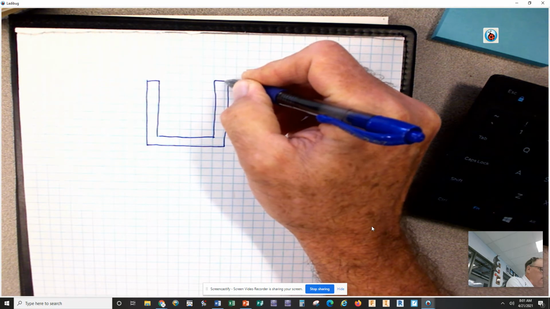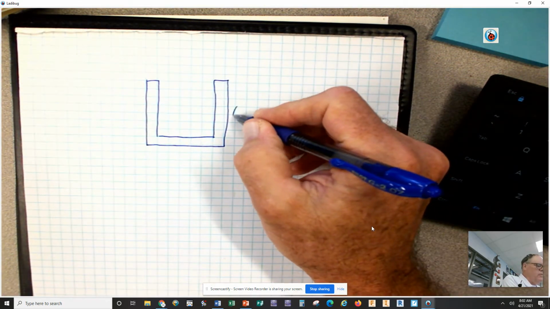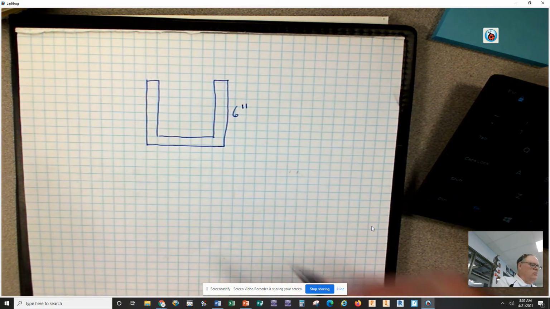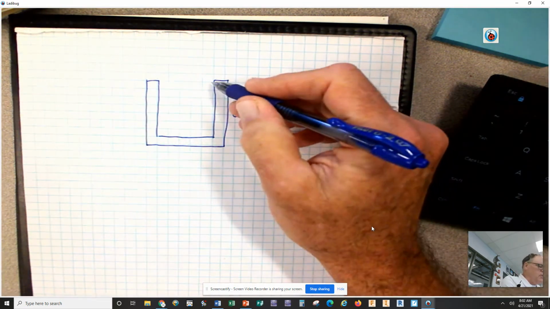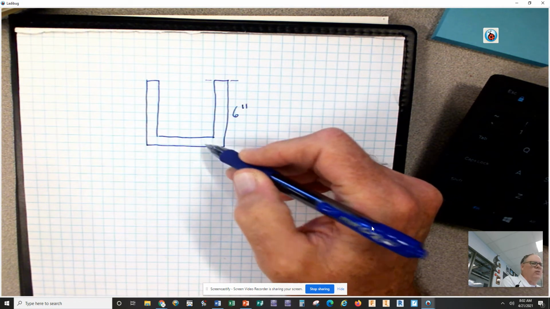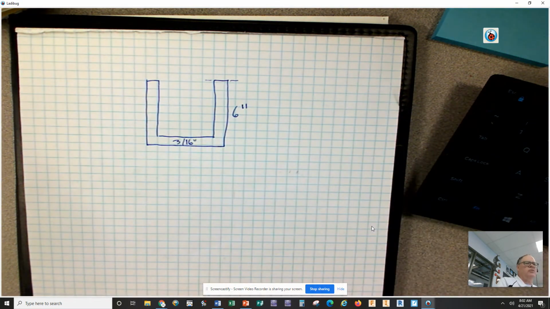If you cut the glass away, they're telling you the outside height of this glass is 6 inches, but you notice the inside height is not going to be 6 inches because even though you're starting from the same location, you've got this glass wall in here. And it said this glass wall is 3/16 of an inch thick. So that has to be taken into account anytime you're doing these calculations.